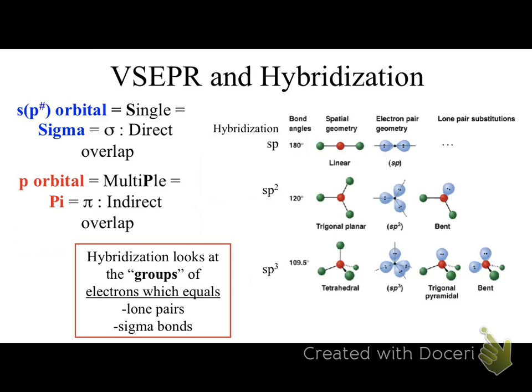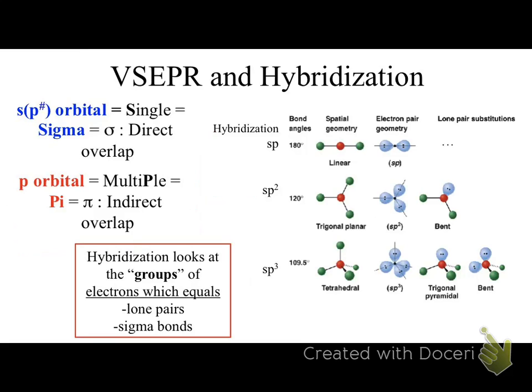More on simplifying with your VSEPR shapes, the valence shell electron pair repulsion theory, and hybridization. One of the repercussions of hybridization is we end up classifying our bonds slightly differently than we've seen before. Instead of saying single, double, and triple, we'll now classify them as sigma and pi. The more pi we have, the more double or triple bonds we've got.